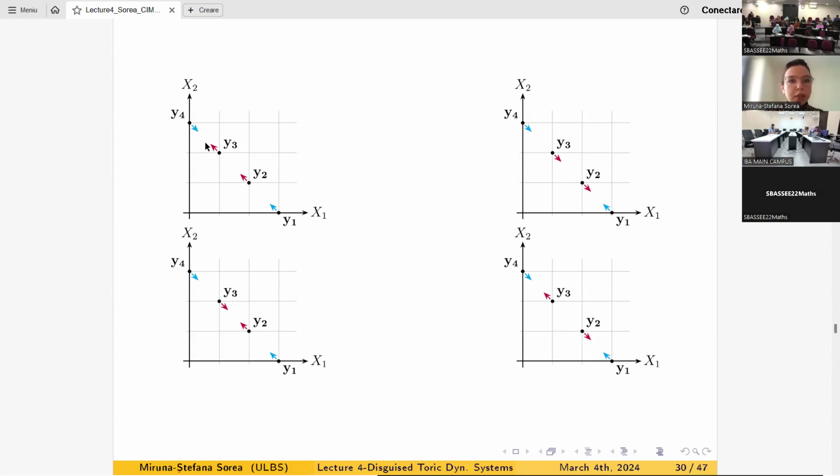So, in function of the signs and namely of the direction of these vectors, if you look at the first one on the left-hand side, you see that they go up, up, up, and then down. We call it a single sign change network, this one. If you look at the second case, you go up, then you change the sign again, go down, but all the others go down.